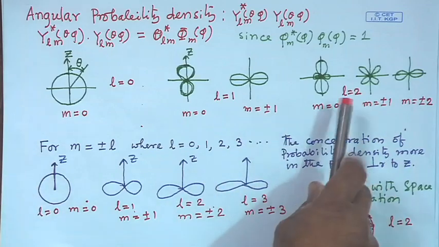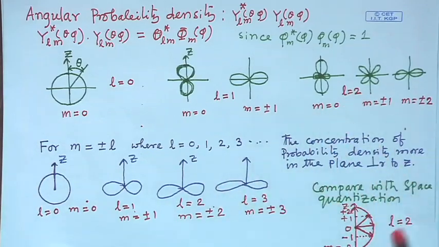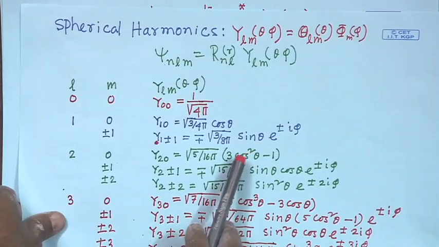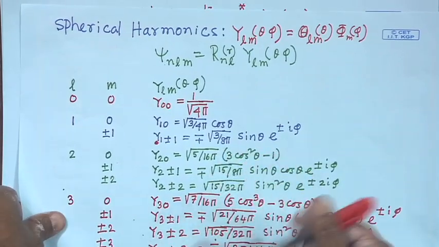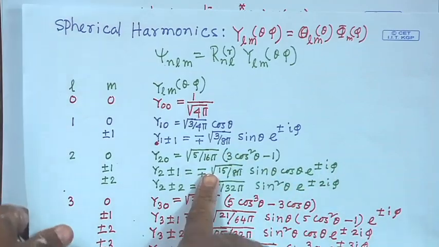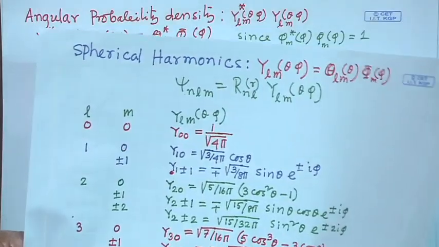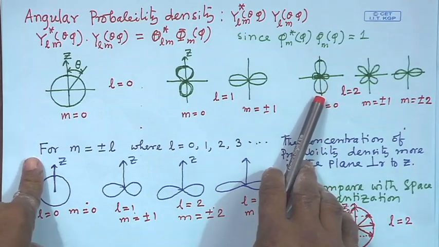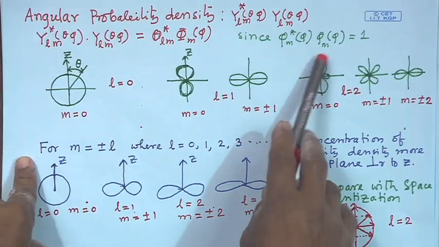Similarly, for L equal to 2, when you go to a higher value of L, the wave function becomes more and more complicated, but one can plot it, and the plot will be like this.